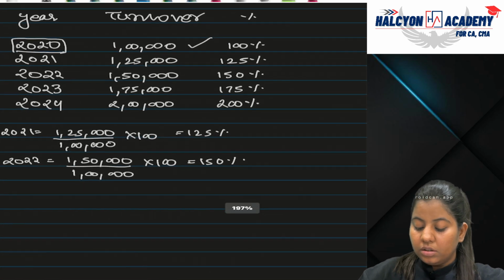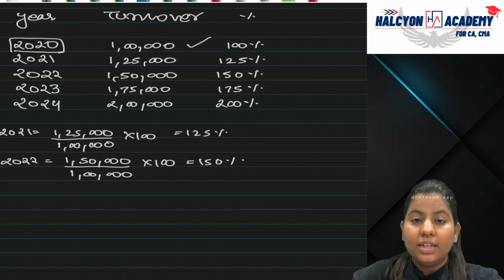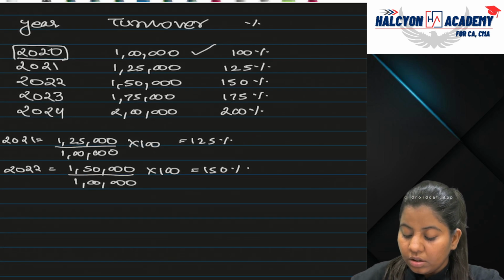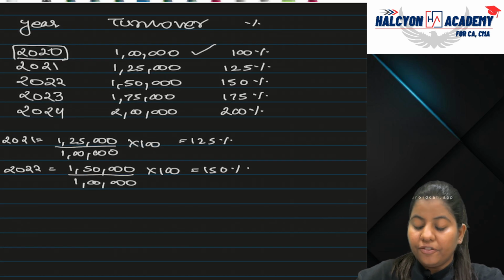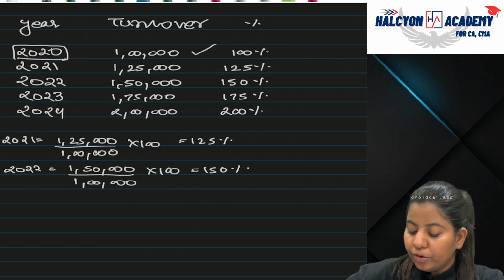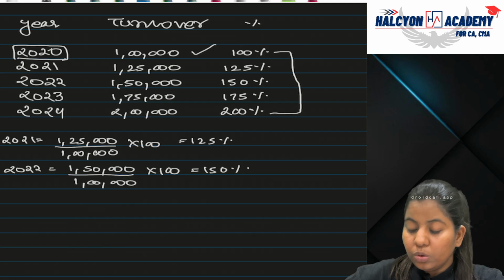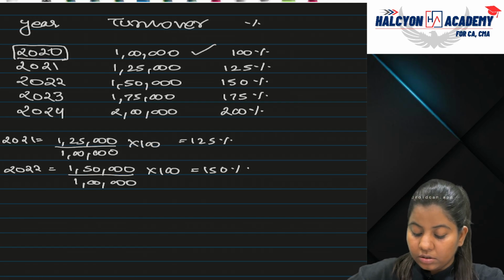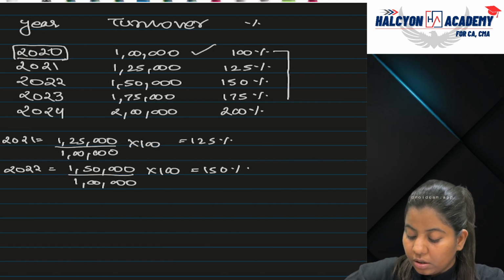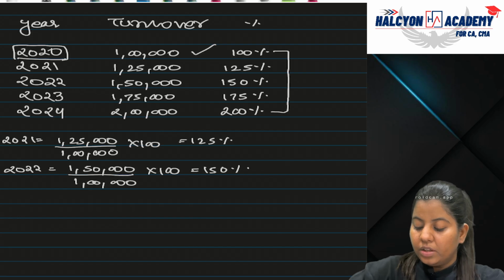Okay. So is it clear? So you can see that if we compare the turnover of 5 years, it has grown from 100% to 200%. That means it is double now.